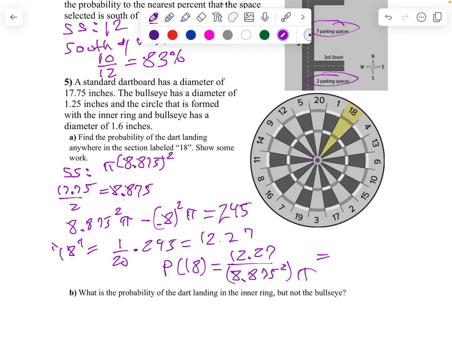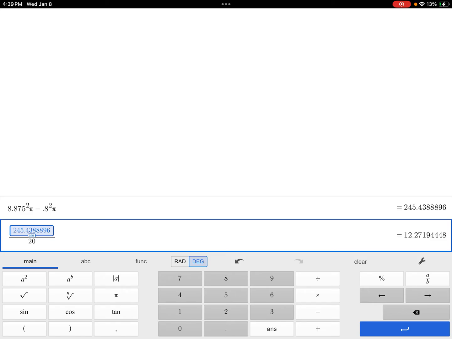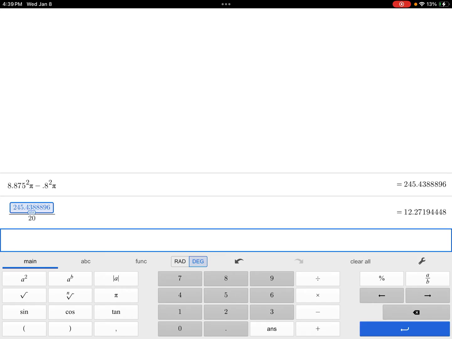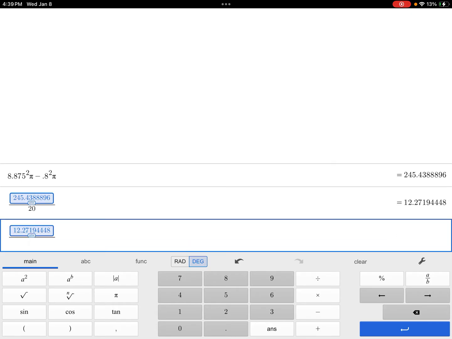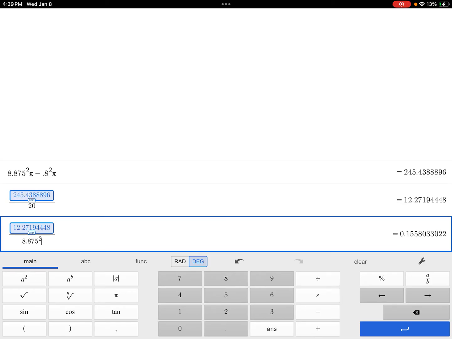So let's go ahead and do that. I'm going to take this answer and divide it by 8.875 squared times pi. And we get about 5%, don't we?